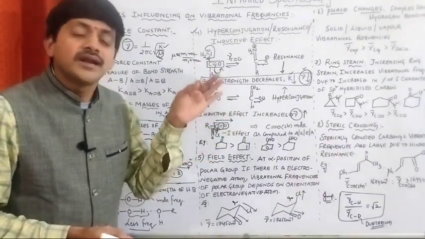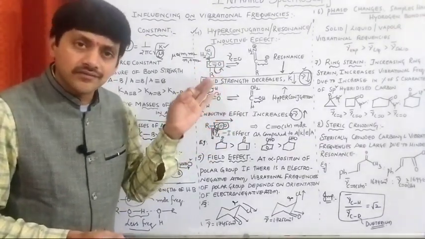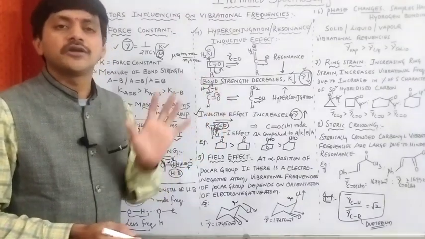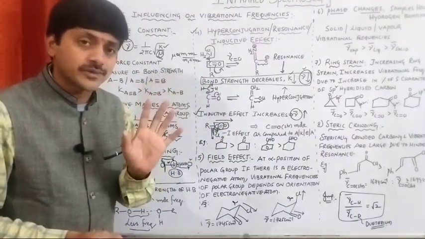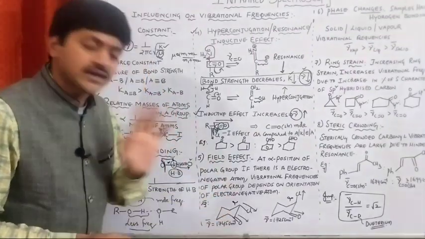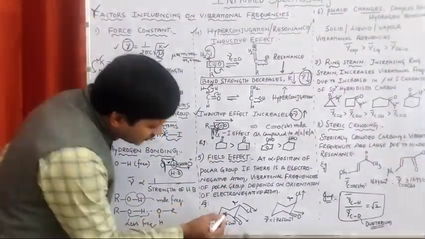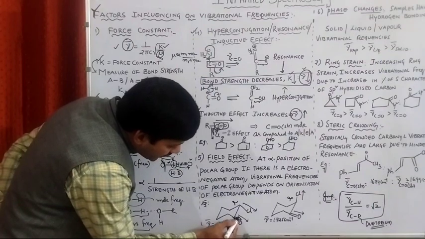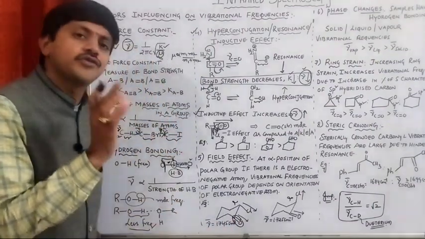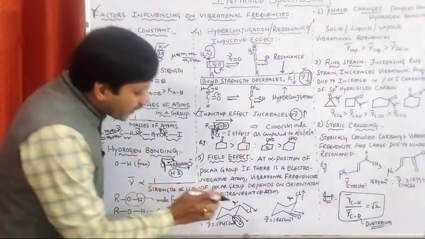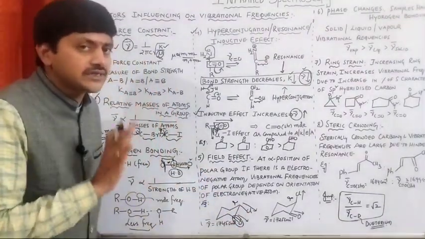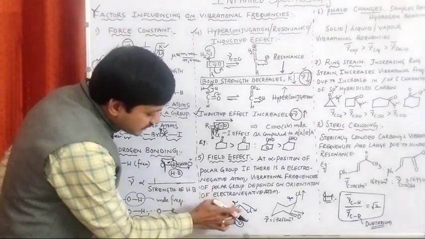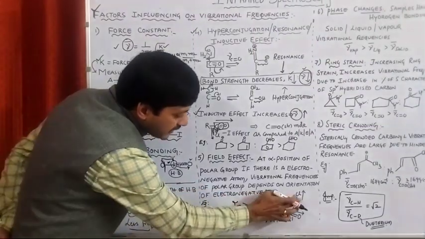So the dipole moment plays a major role in the interpretation of the structure of compounds according to IR spectroscopy. Here we are using that concept only. In the first case, we are talking about the C double bond O frequency. What is the influence of this chlorine atom on that frequency? Here it is equatorial, here it is axial.